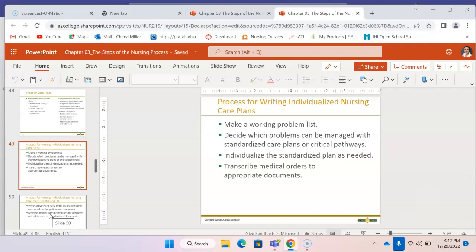All right, you make the problem list work, and then you decide if the problems are managed, and you individualize the standardized plan as needed, and then you transcribe medical orders to the appropriate document to make sure that you know that you've got all your orders covered for this. Now, individualizing the standardized plan, I'll give you the caveat.